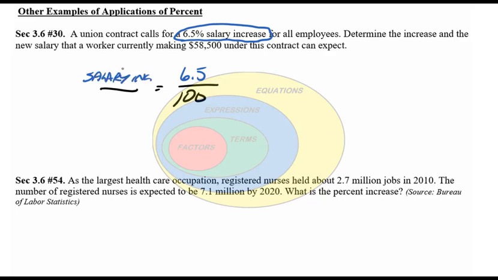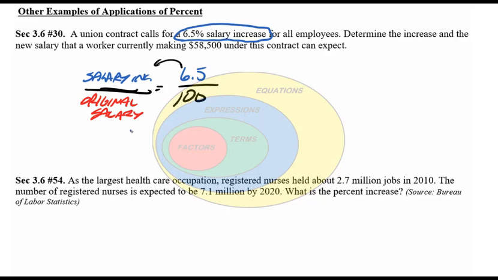The amount is the actual salary increase divided by the original or starting salary. So just from that statement, the 6.5% is the salary increase percent, and I can set up my proportion this way. To solve this, the salary increase is what I'm looking for.